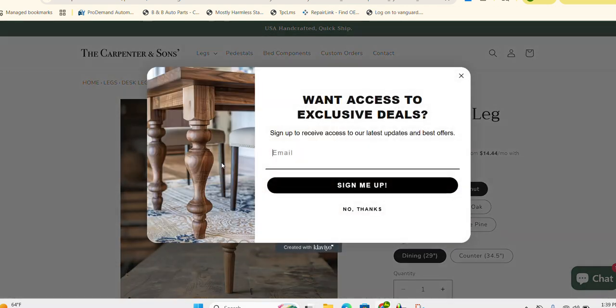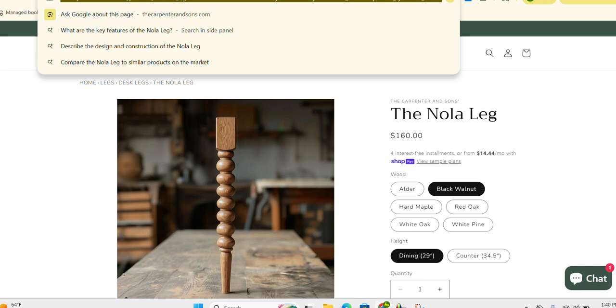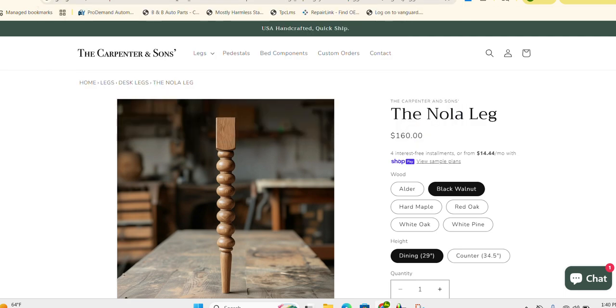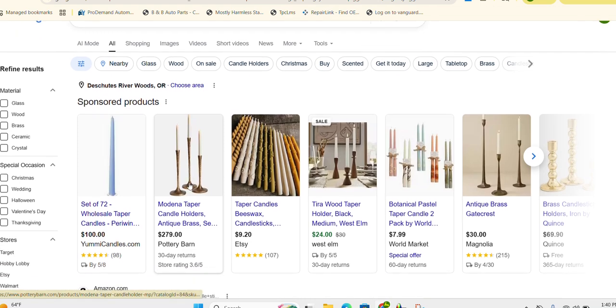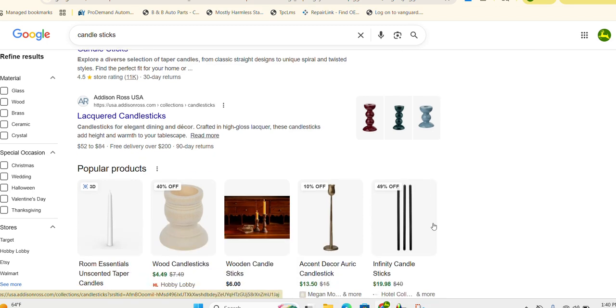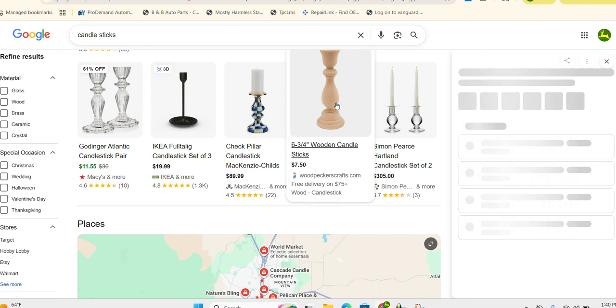That's easy. What about this one right here? A candlestick holder, I mean. Like this guy here? That would be perfect, actually.